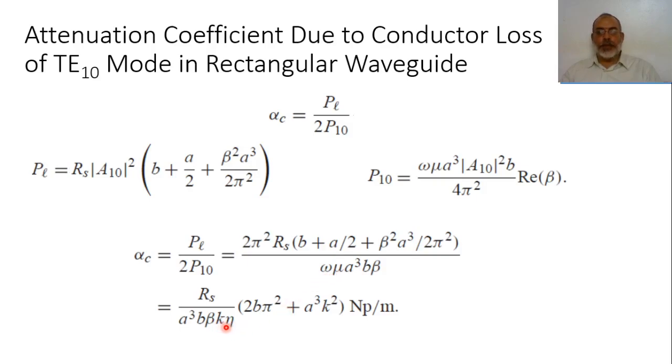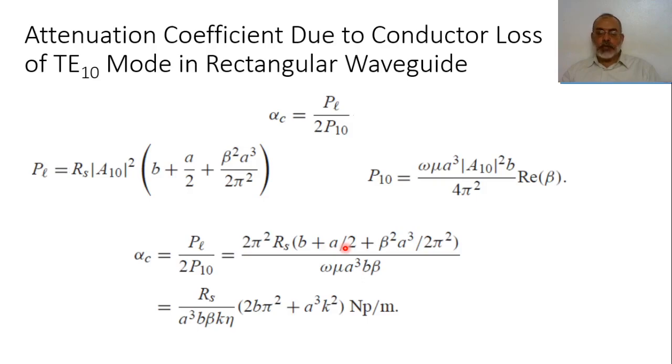Then a cubed b beta and surface resistance, and already we have 2 pi squared here. So this 2 pi squared b plus beta squared a cubed plus 2 pi squared a over 2.